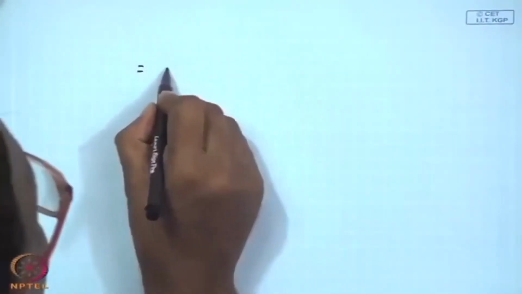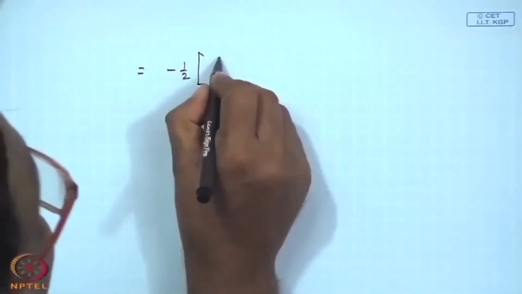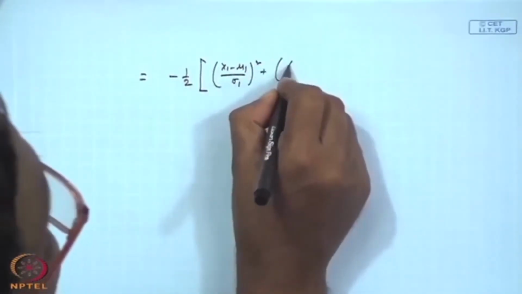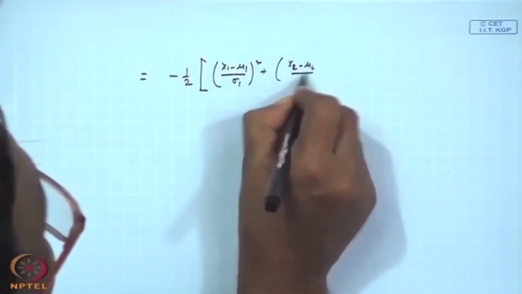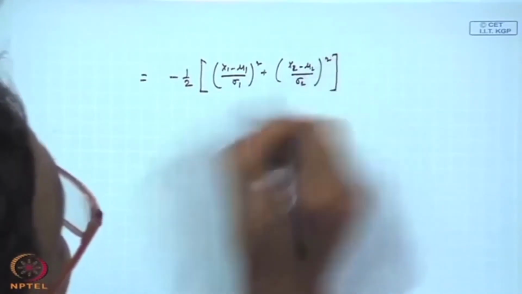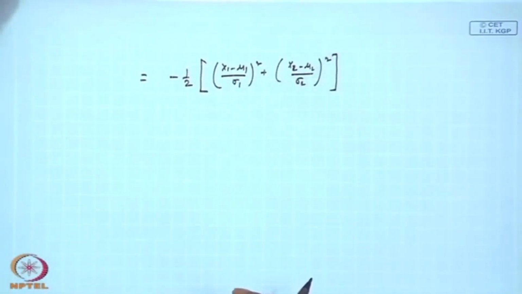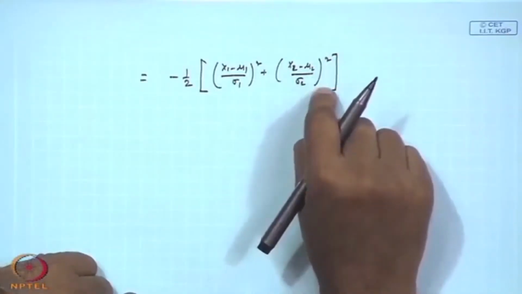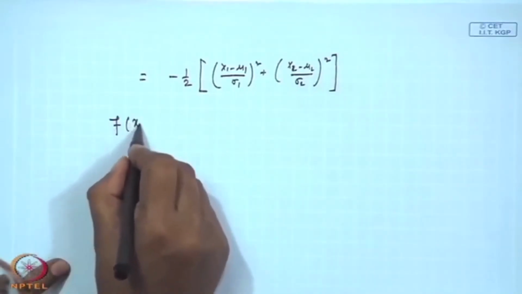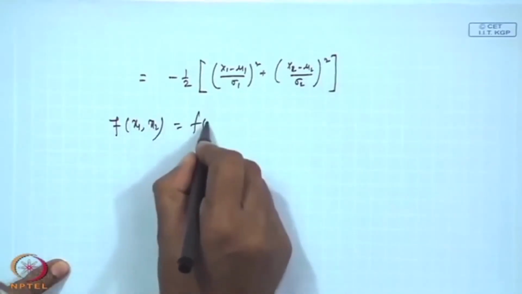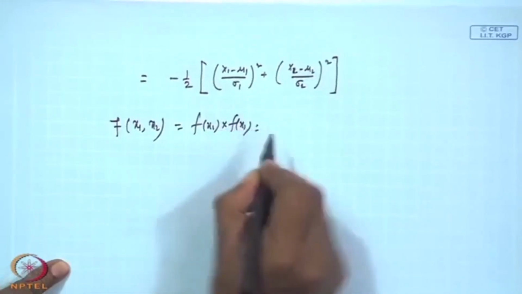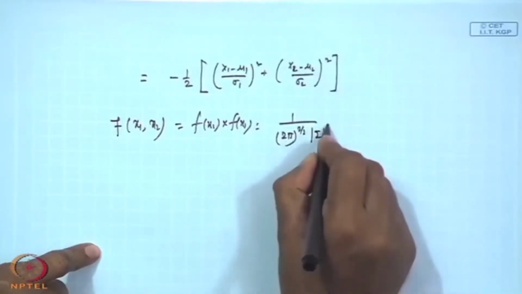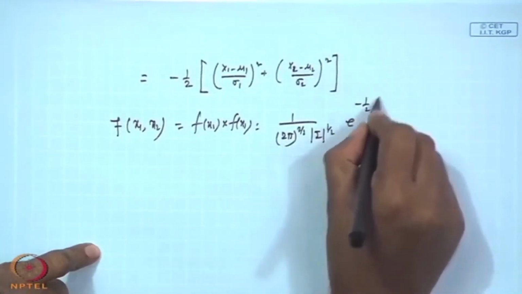You will get minus half, then (x 1 minus mu 1) by sigma 1, all square, plus (x 2 minus mu 2) by sigma 2, all square. And you have seen that we found this earlier also, this is f of x 1 cross f of x 2; this one only you found out.